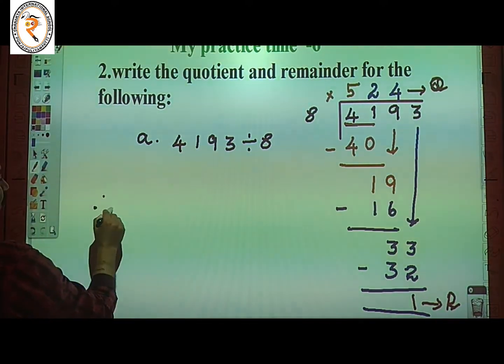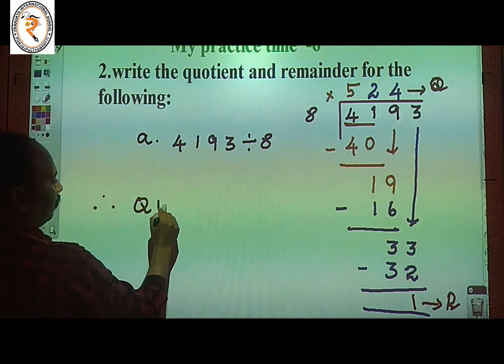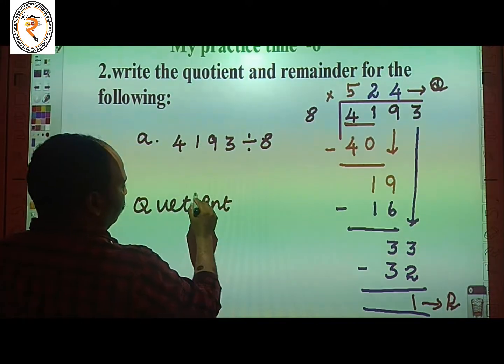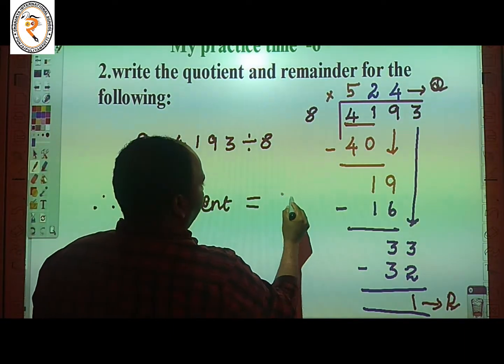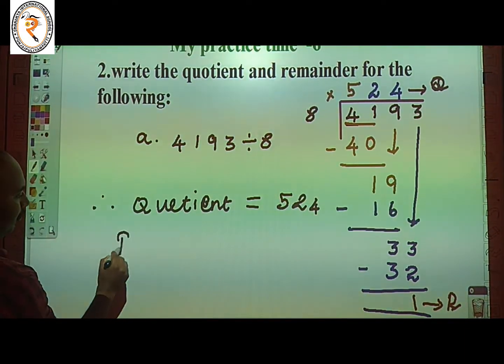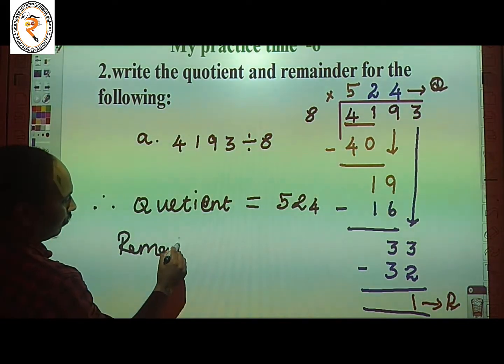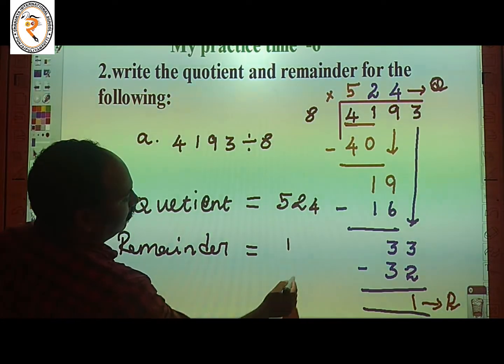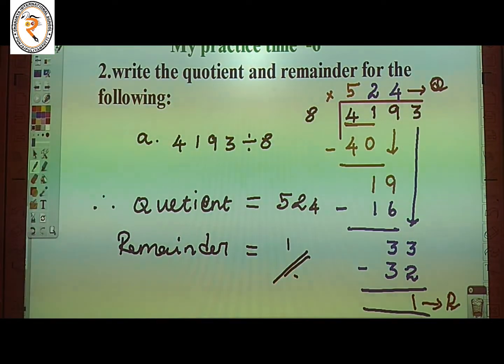Therefore, the quotient is 524 and the remainder is equal to 1. It's our solution.